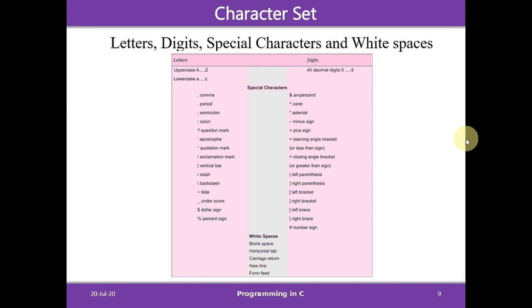Other than that, there are other special characters such as comma, period, semicolon, colon, question mark, apostrophe, double quotation marks, exclamation mark, vertical bar, that is the pipe symbol, slash and backslash, tilde symbol, underscore, and dollar sign, and all these are permitted in your C program. If you look closely, or if you are already familiar with C programs, then you will see various applications of these special characters. For one, the comma is used for separating variables while declaring.